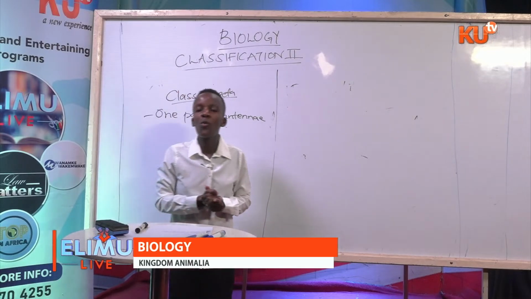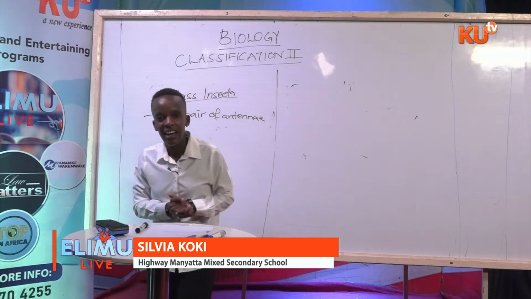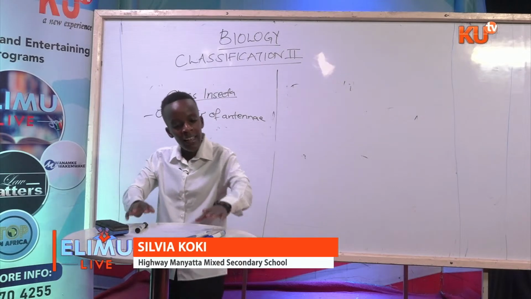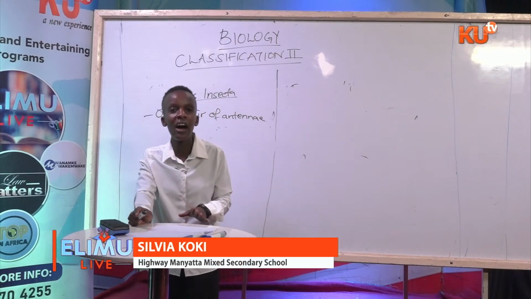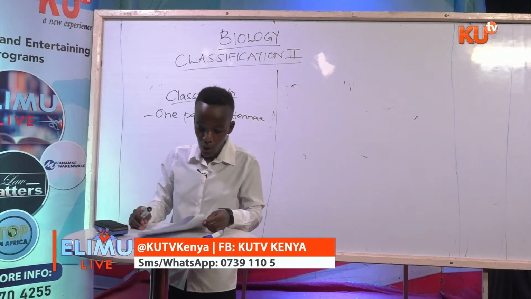Remember, learners, when we were discussing the class Arachnida, we found that a scorpion lacks the what? The wings. But for class Insecta, they can have either a pair of wings or two pairs of wings.